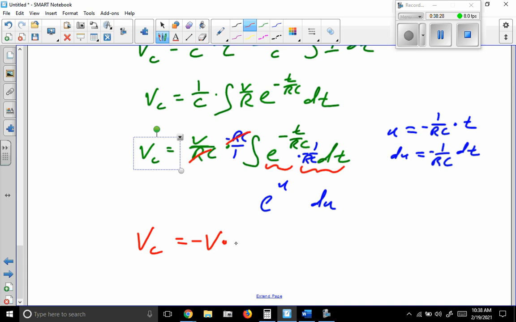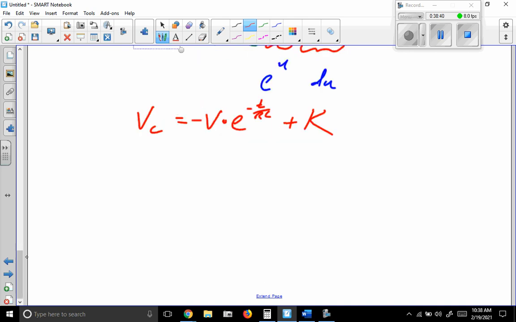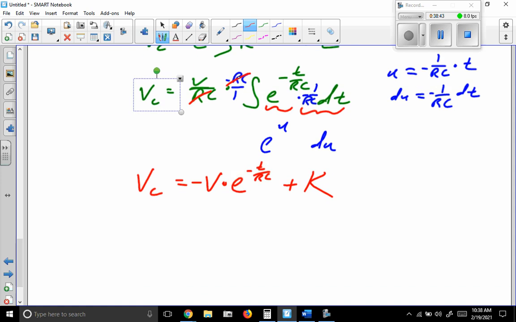E to the u integrates into e to the u, where u is negative t over RC, plus, when we integrate, we pick up an arbitrary constant. So on the outside, we have our negative V. When we integrate e to the u du, we get e to the u, where u is negative t over RC, plus K.